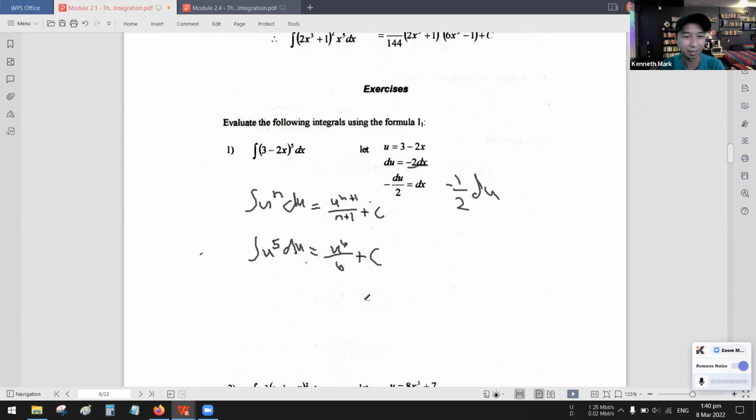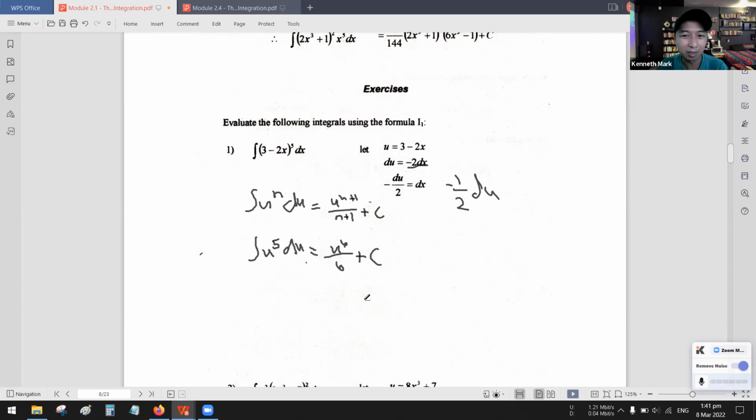Hindi. Bakit? Kasi meron tayong value ng du. Okay? So, anong next step natin dito? Mali.